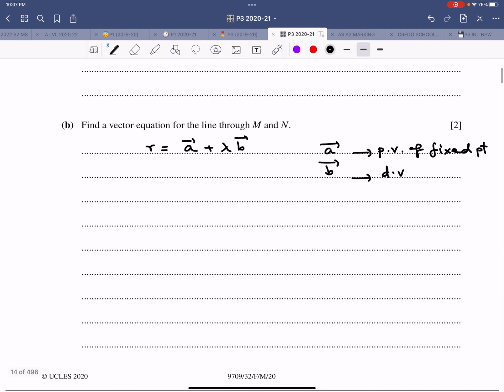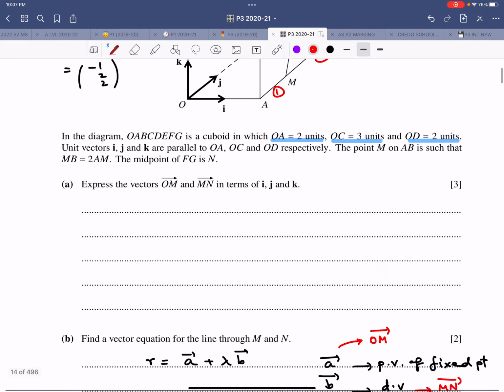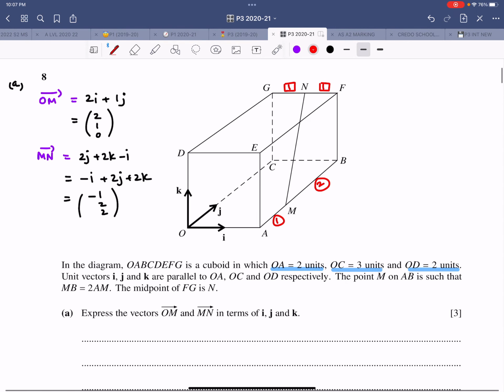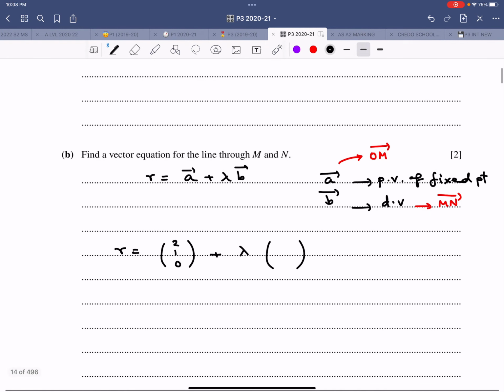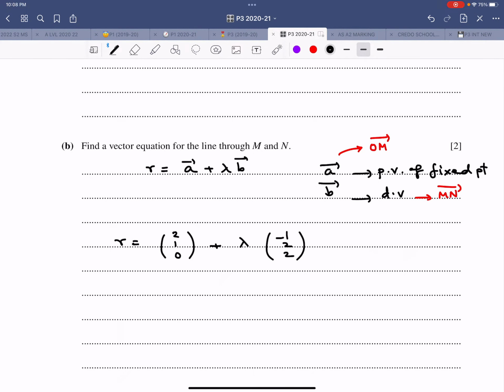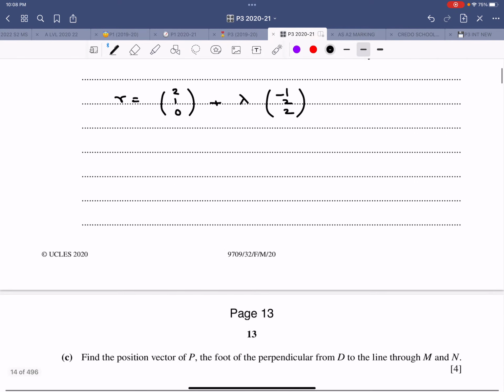In this scenario, the direction vector is MN and the fixed point is M. You have OM, you have MN, everything is ready. All you have to do is write it down. So r equals something plus lambda something. The fixed point is 2, 1, 0, and the direction vector is minus 1, 2, 2. That is the equation. This is done.